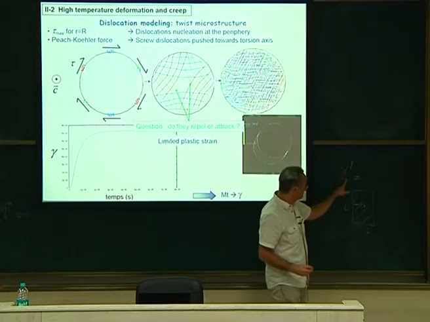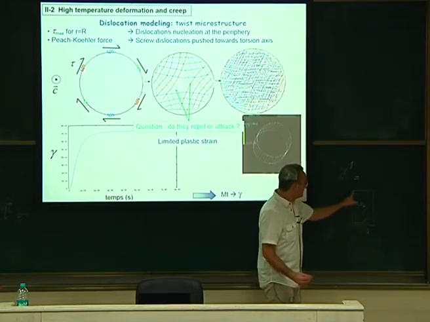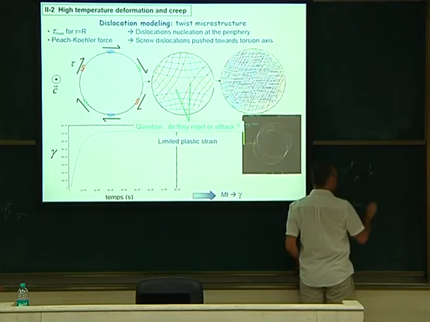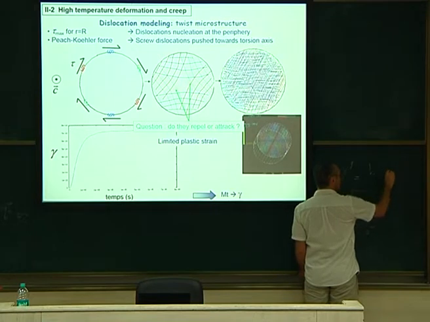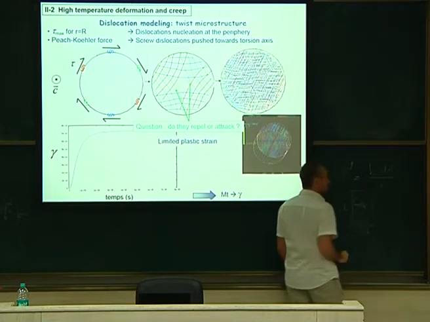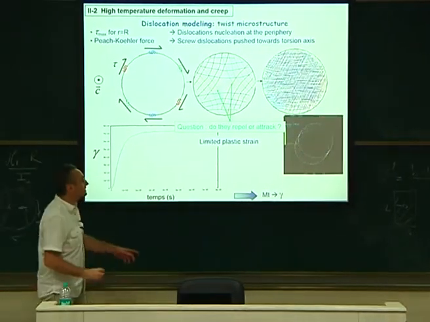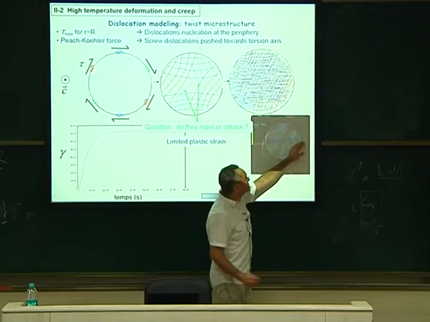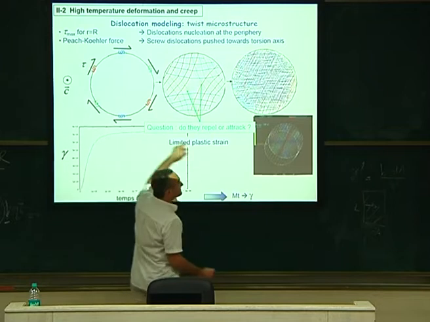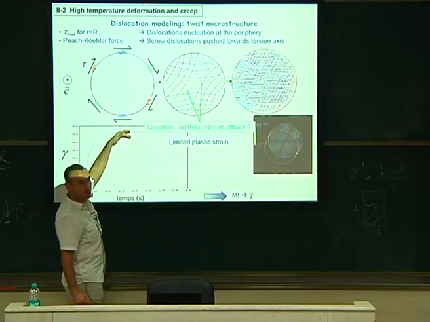The shear strain that dislocations generate when they sweep a given area is b, the Burgers vector, times the area, b dA, over the volume. So this is the shear strain, bA over V. When they move like this, they sweep some area, so the strain increases. And when they stop moving, of course there is no more increase of the strain. So there is a saturation.